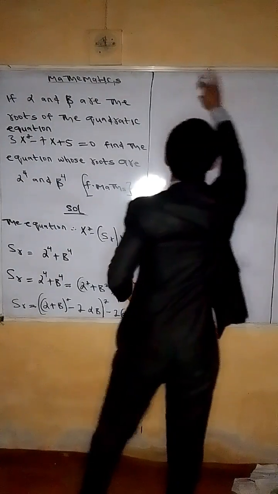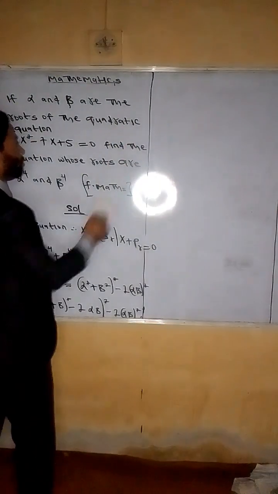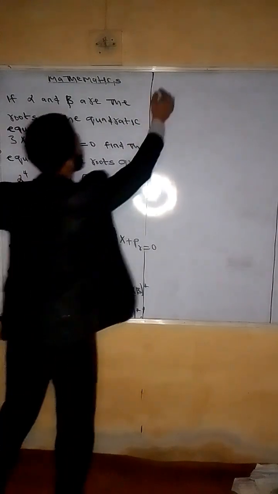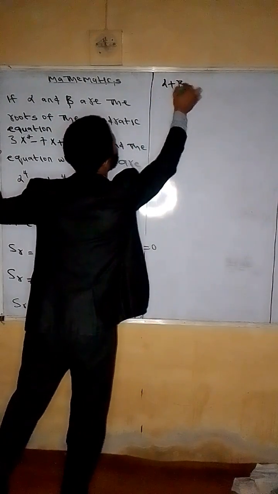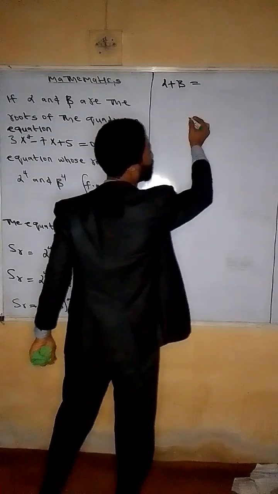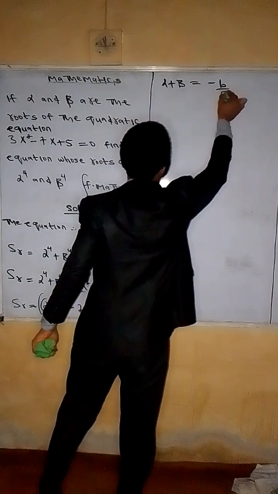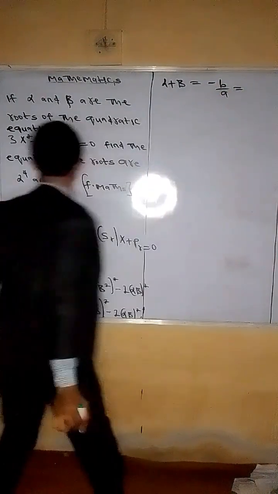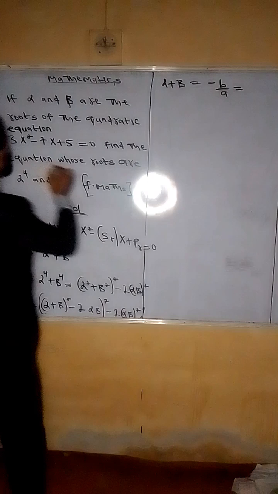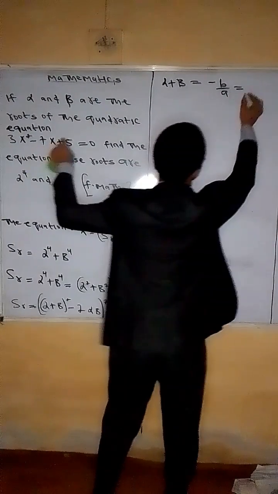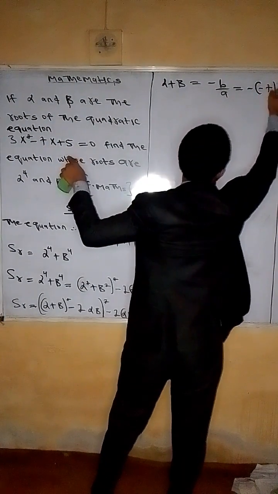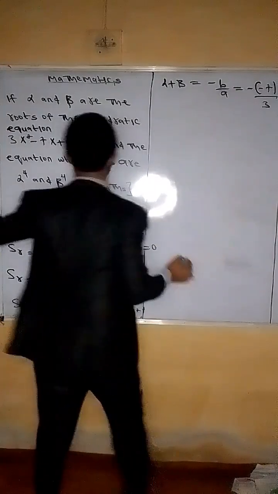Now, when we continue, the viewers out there should know that alpha plus beta, as far as symmetry of roots is concerned, is minus b over a. Remember that our a is 3 and our b is minus 7. So this gives us minus (minus 7) over a, and a is 3.